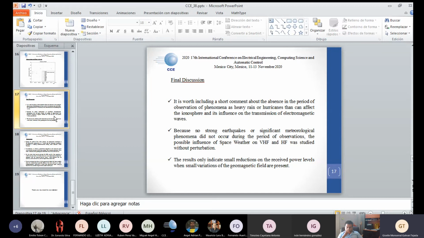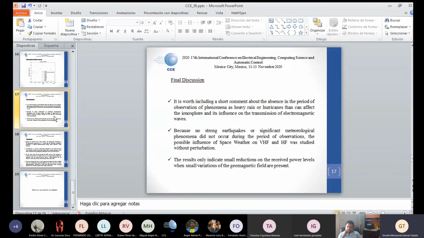So, as a final discussion, it is worth including a short comment about the absence in the period of observation of phenomena such as heavy rain or hurricanes that can affect the ionosphere and its influence on the transmission of electromagnetic waves. Because no strong earthquakes or significant meteorological phenomena occurred during the period of observations, the possible influence of space weather in these frequency bands was studied without perturbation.